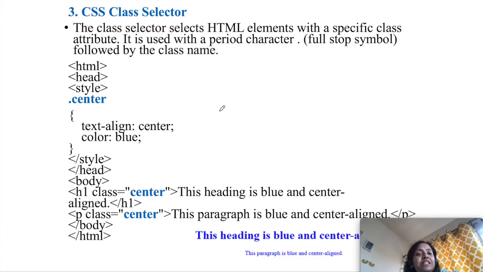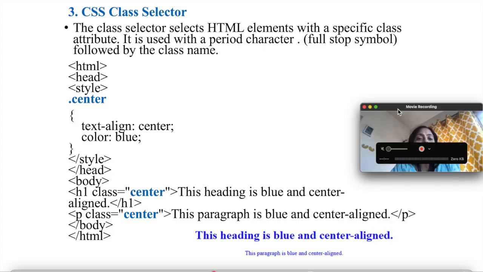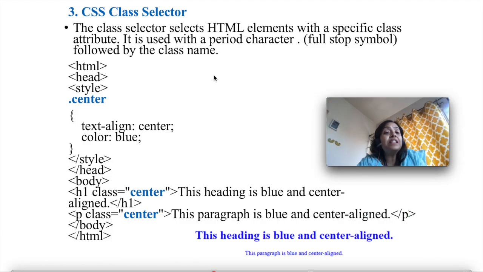Coming to the next selector type, the CSS class selector. The class selector selects HTML elements with a specific class attribute. It is used with a period character, that is full stop symbol, followed by the class name.